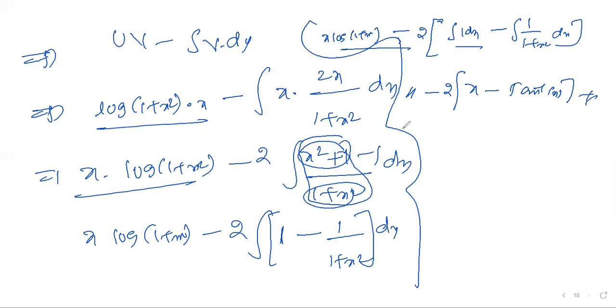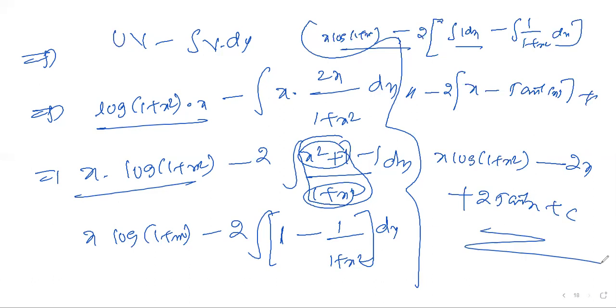So the final answer is x log of 1 plus x square minus 2x plus 2 tan inverse x plus c. Still clear? Any doubt? Yes, sir. Clear. This is the procedure you have to follow for any question.